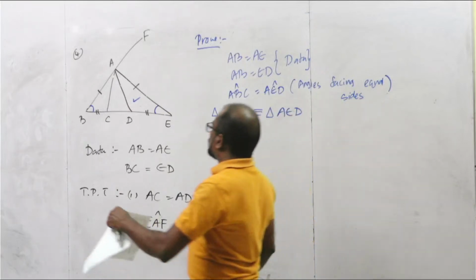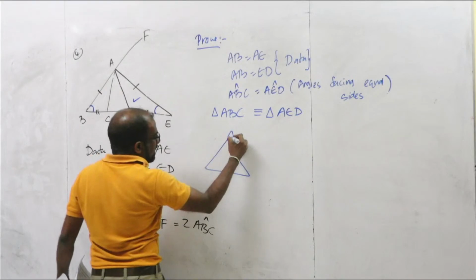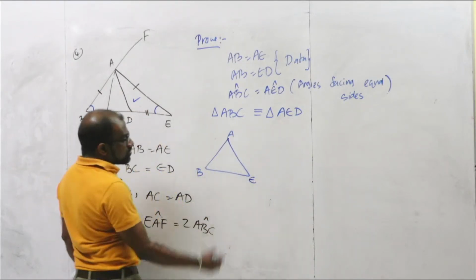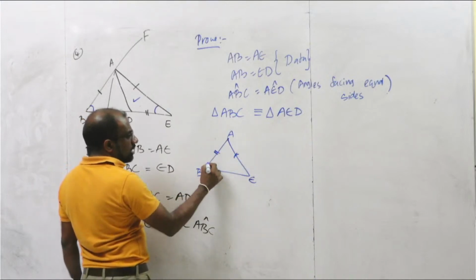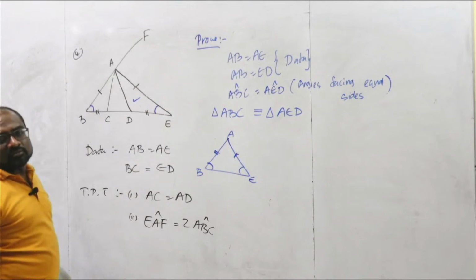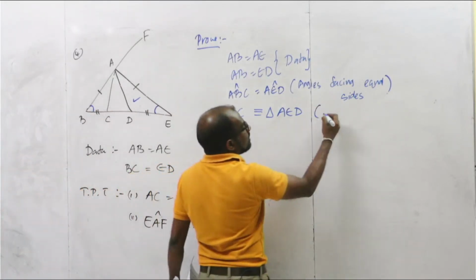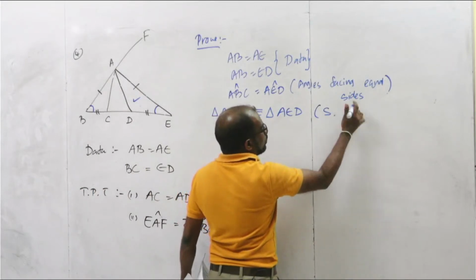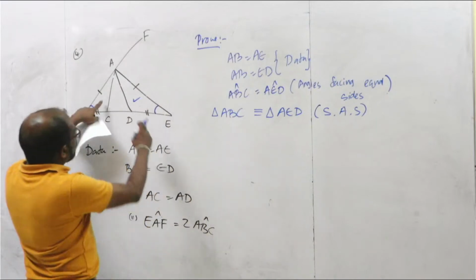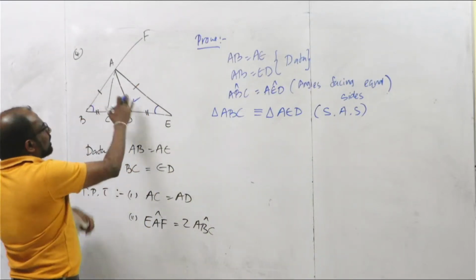These two angles are equal. Why? Because ABE is an isosceles triangle. Right? That's it. Two triangles are congruent under the case side, included angle, side.